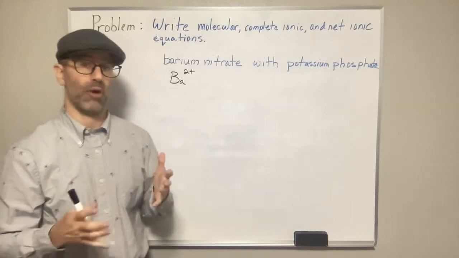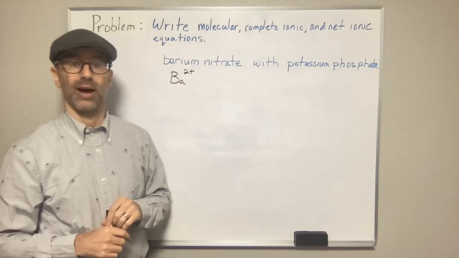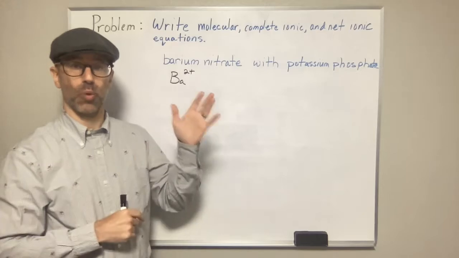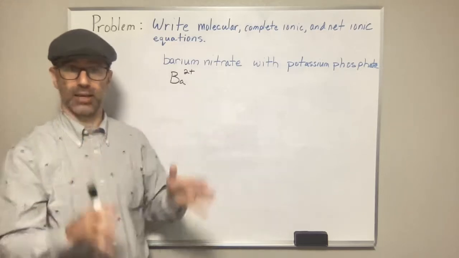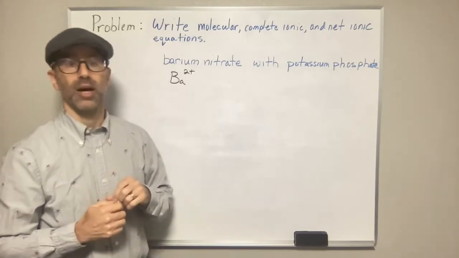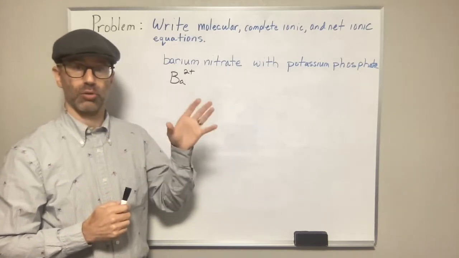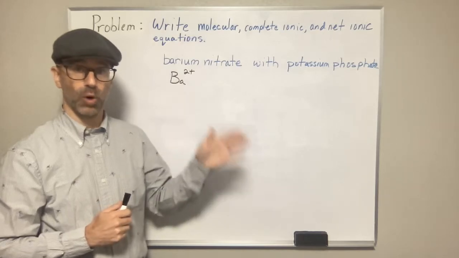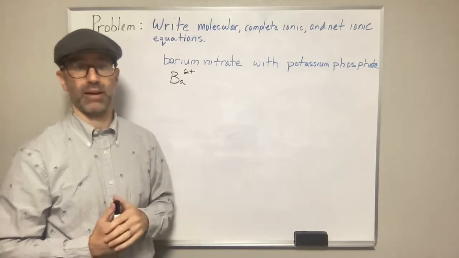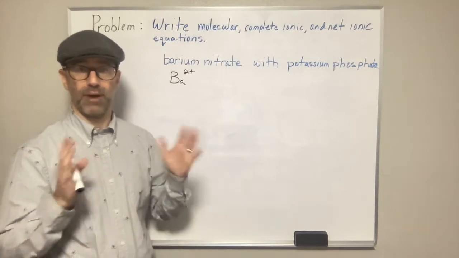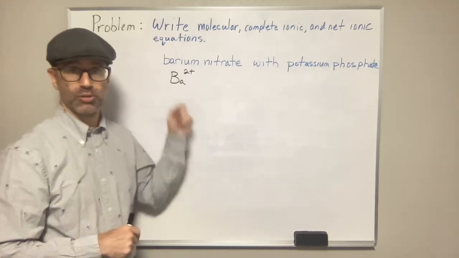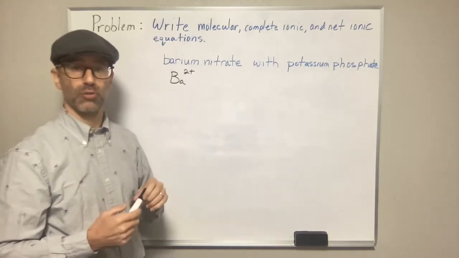One is you can memorize the rule that for your group A elements, 1A, 2A, and 3A, the main group elements, the positive charge of the element is equal to the group number. If you're in group 1A, then you've got a positive 1 charge. If you're in group 2A, you're going to have a positive 2 charge. That follows for groups 1, 2, and 3A. Since barium is in group 2, it has a 2 plus charge.